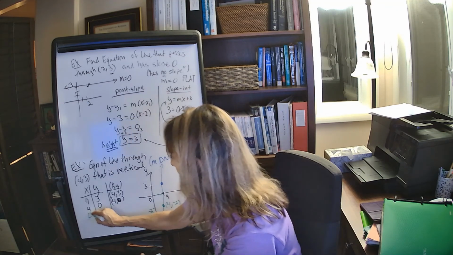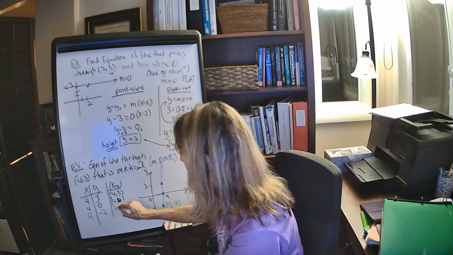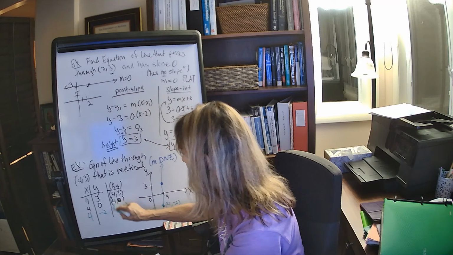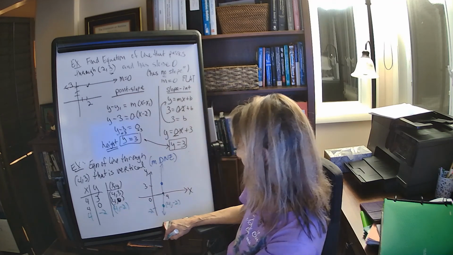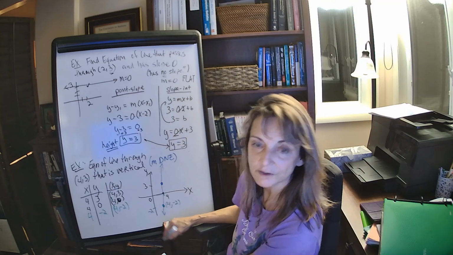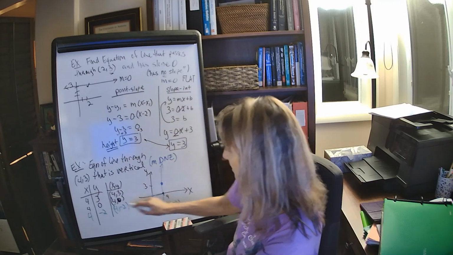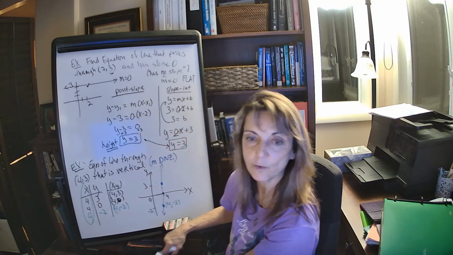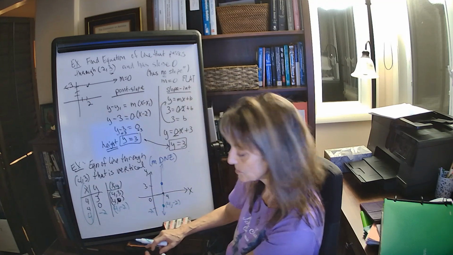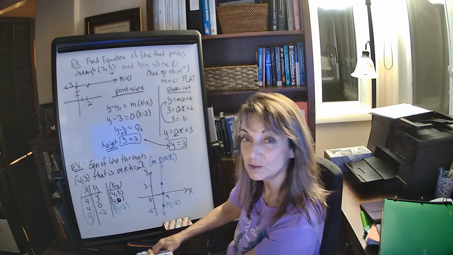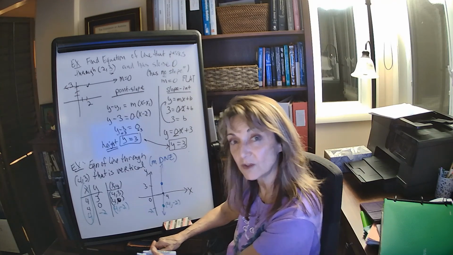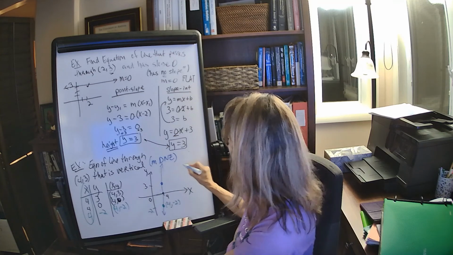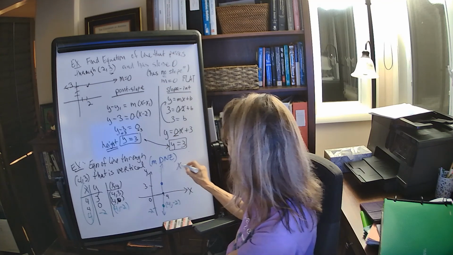So (4, -2) is on that line too, right? So one of the things that we can observe here is that no matter what the y was, all of these have an x that's 4. So we actually use that to write the equation of a vertical line. All we say in this case is that x has to equal 4.